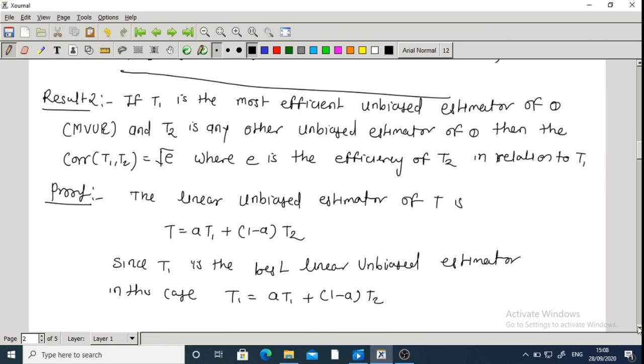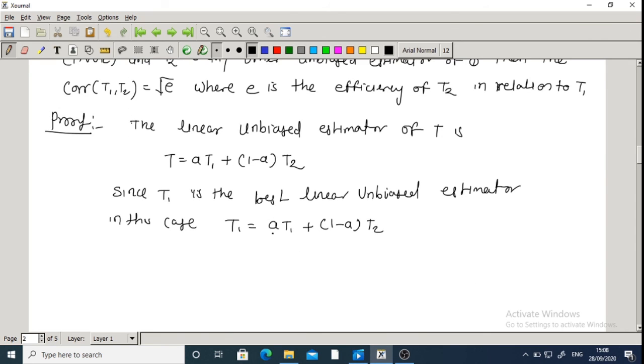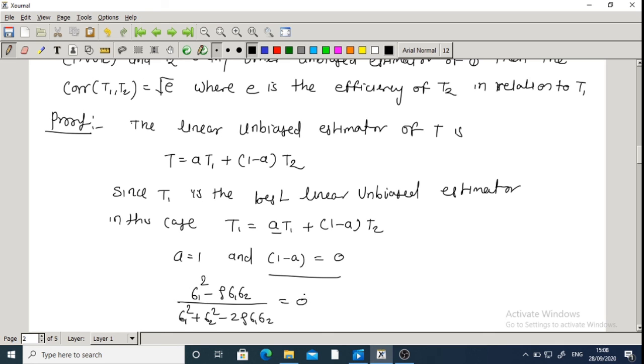So this condition will satisfy only when A is equal to 1 and 1 minus A is equal to 0. So we put the value of 1 minus A: (sigma 1 square minus rho into sigma 1 sigma 2) divided by (sigma 1 square plus sigma 2 square minus 2 times rho sigma 1 sigma 2), which is equal to 0.